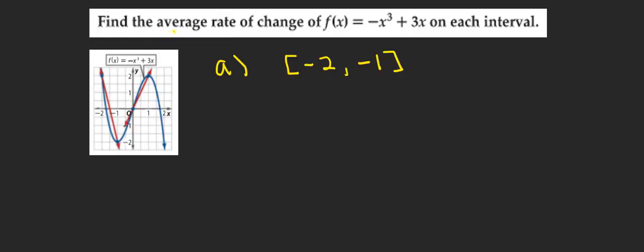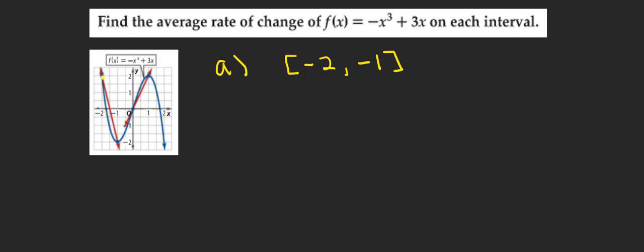So let's say you want to find the average rate of change of f of x equals negative x cubed plus 3x on each interval. Here's our first interval, from negative 2 to negative 1.